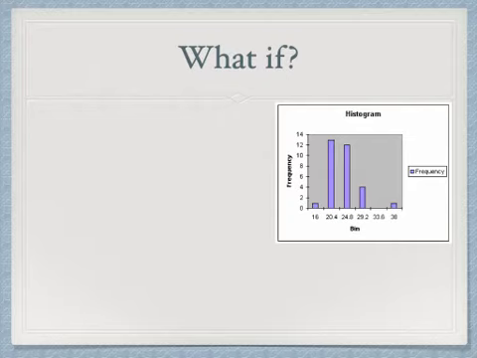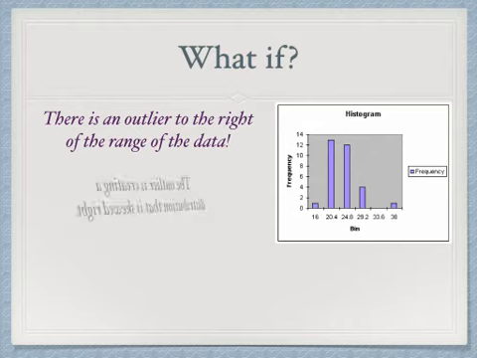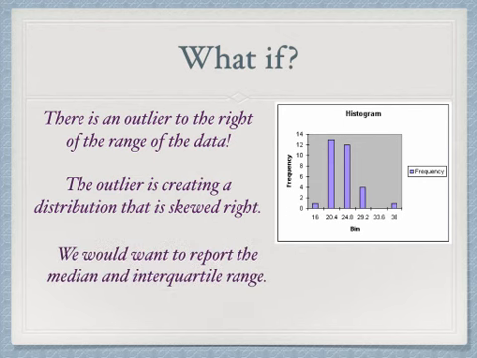It's not bell-shaped. There is an outlier to the right of the range of the data. So we would say that this histogram is skewed in which direction? That's the question you have to ask yourself. It is skewed right. The mean is going to be greater than the median. So with that being said, we would probably want to use the median and the interquartile range to represent our data.